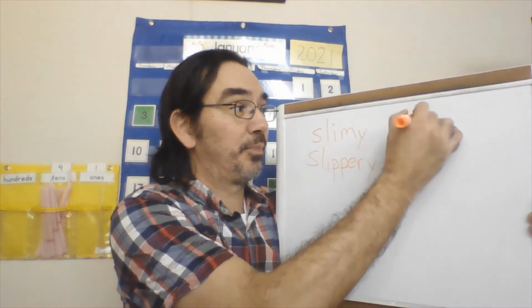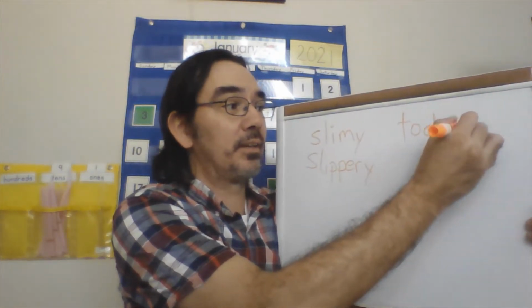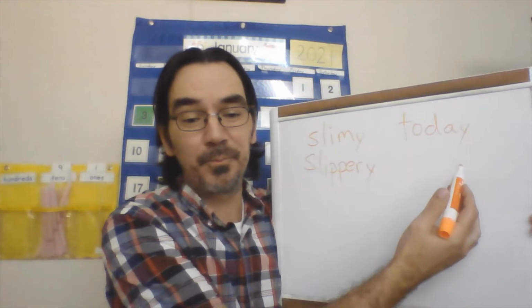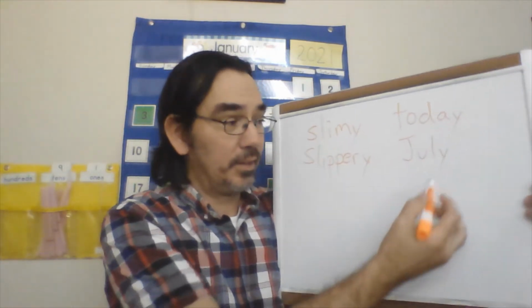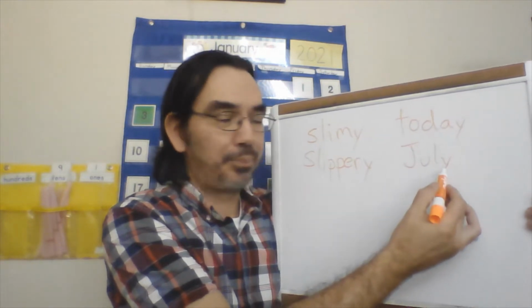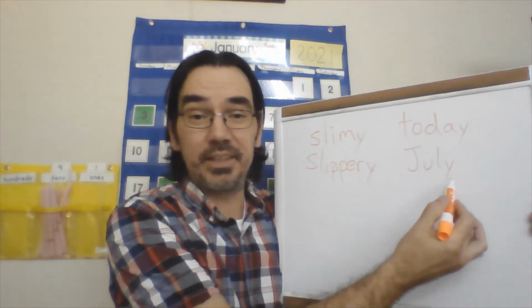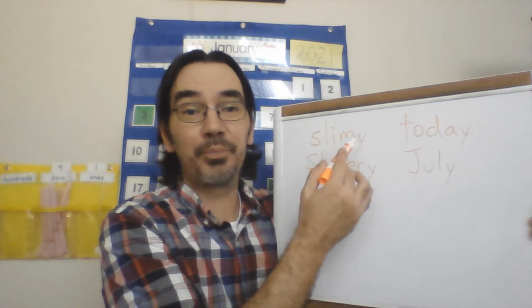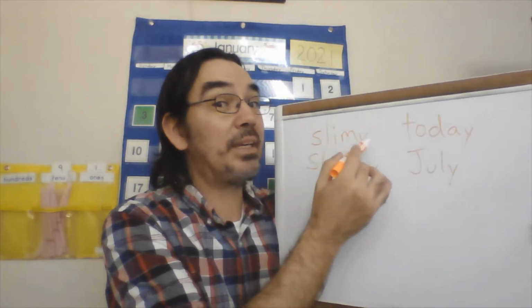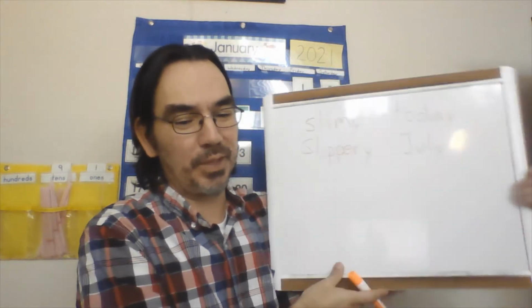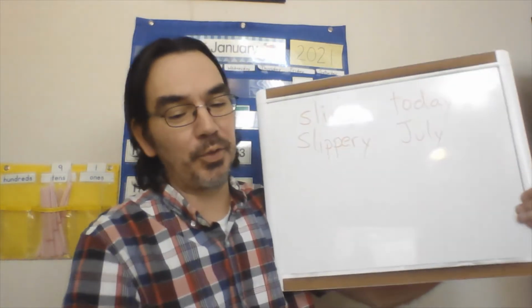Also today, and July. July, our month, this Y makes an I sound. Slimy makes an E sound, huh? Look at that. Okay, thank you to Dylan for those.